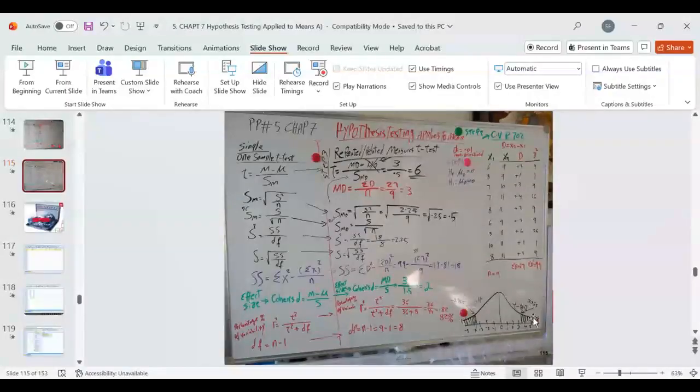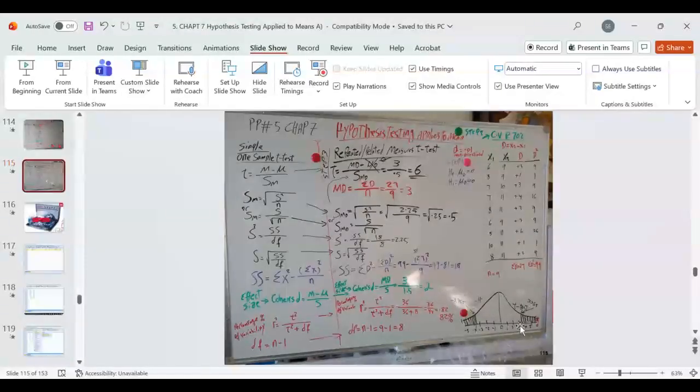We found the critical value to be 3.355. Since it's two-tailed, we cover both tails at 3.355, as you can see right there, bottom right side of the screen.